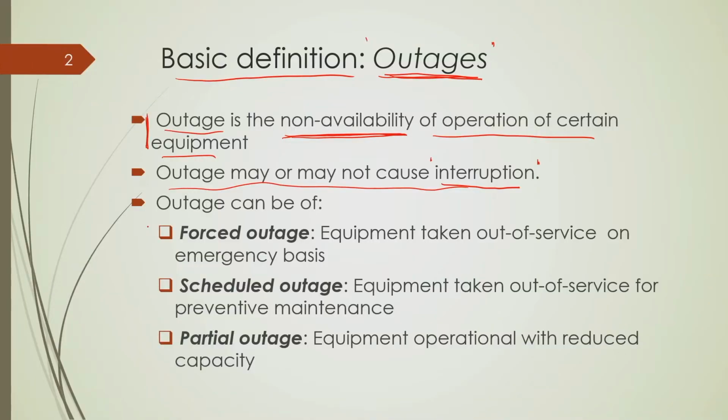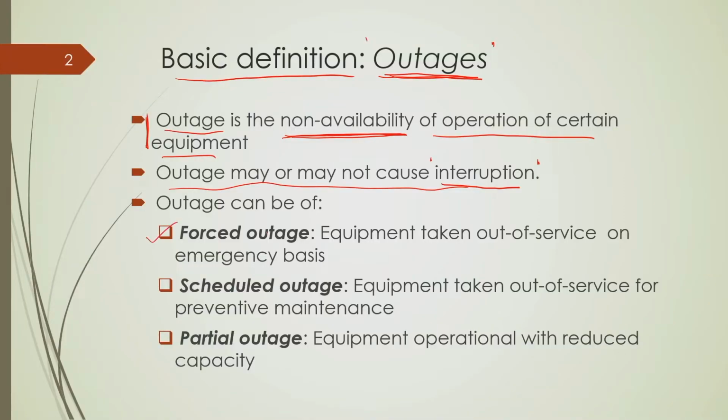Interruption means loss of service, which I will define in the next slide. It is the loss of service to some customers, but this type of interruption may not occur due to outage of any equipment in a distribution network. There are three different types of outages.